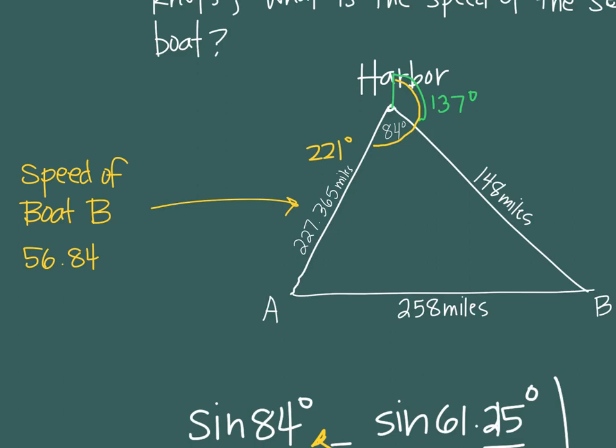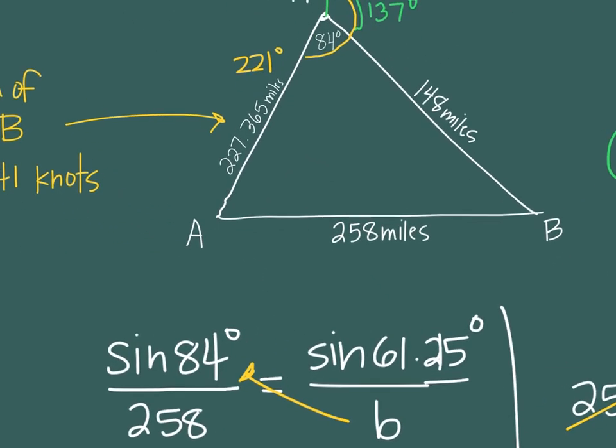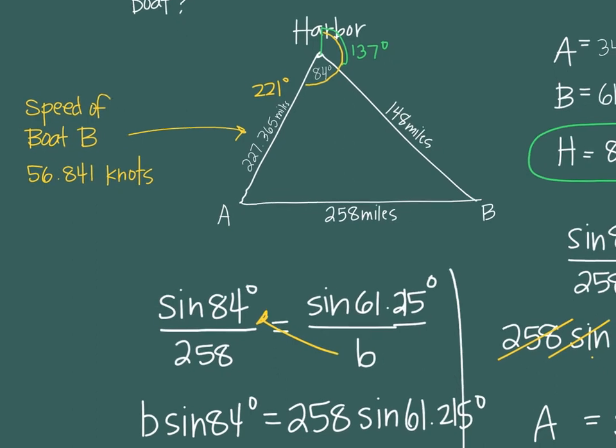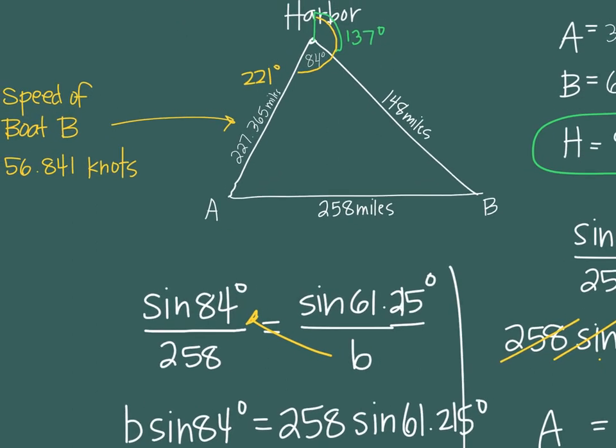Okay, and then what are the units on that? Miles per hour. Oh, no, knots because we're on water. Okay, so just because we got the side of B didn't mean we technically answered the question. We still had to go back and figure out the speed using the time.